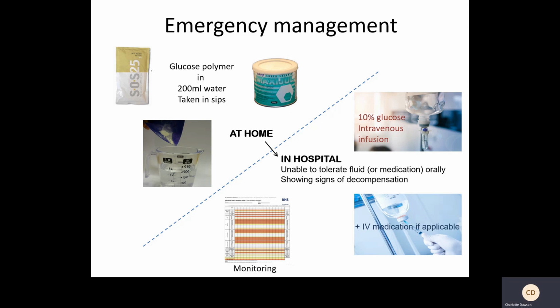If this is the case, then we have to advise they come into hospital, and in hospital they'll be given 10% glucose intravenously with IV medication if applicable, particularly, as I said, in the urea cycle disorders. They'll require close monitoring, both for routine observations, but also neurological observations for signs of encephalopathy.